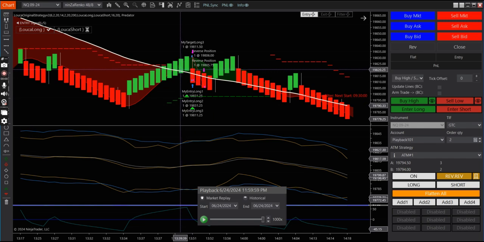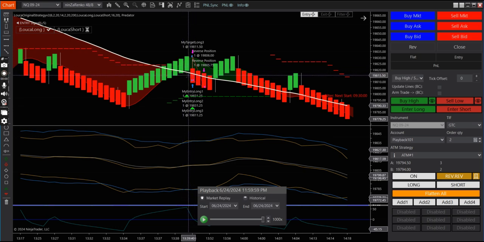Before I go into a trade, the open of this candle has to be higher than the open of the previous candle before it goes in. So it won't just go in. That was the option that I had checked off.